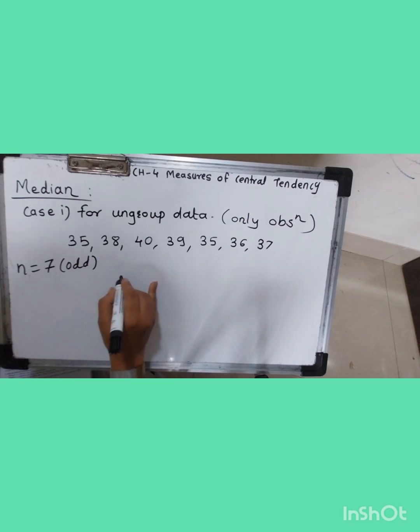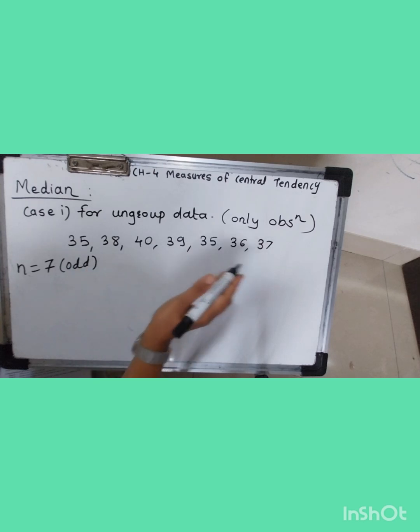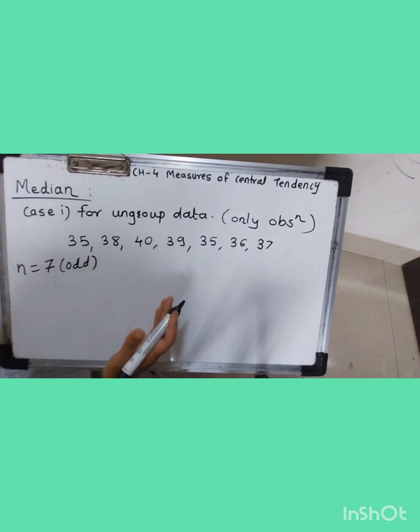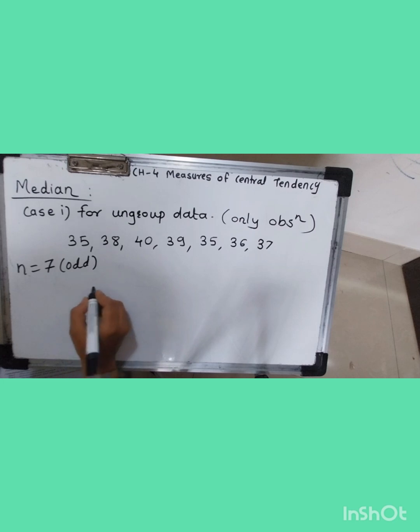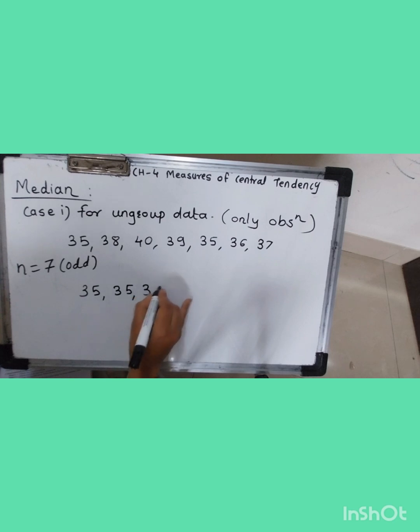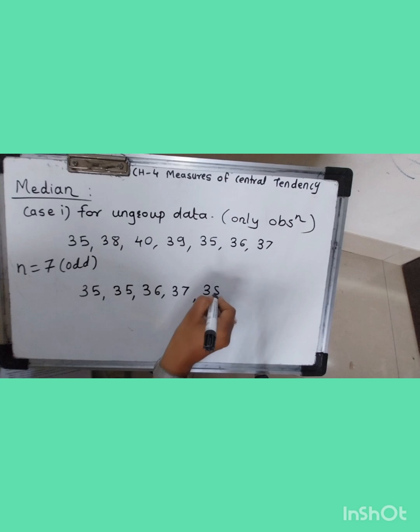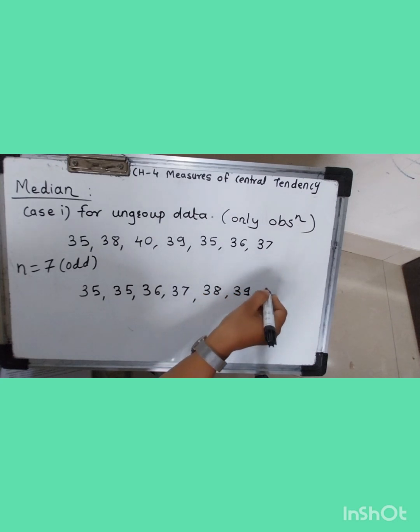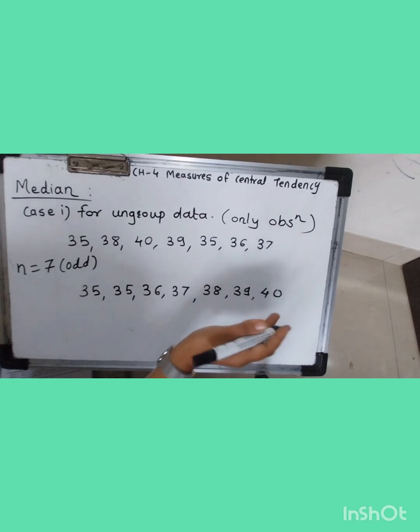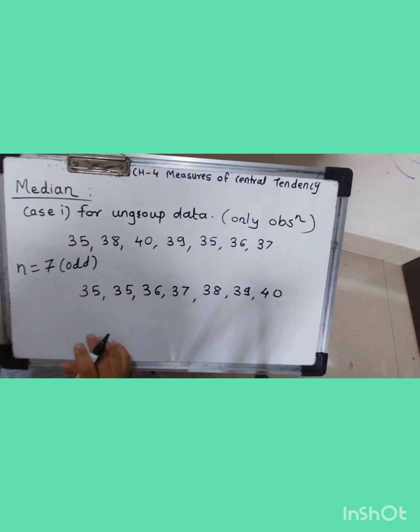First we have to arrange the numbers in increasing order: 35, 35, 36, 37, 38, 39 and 40.